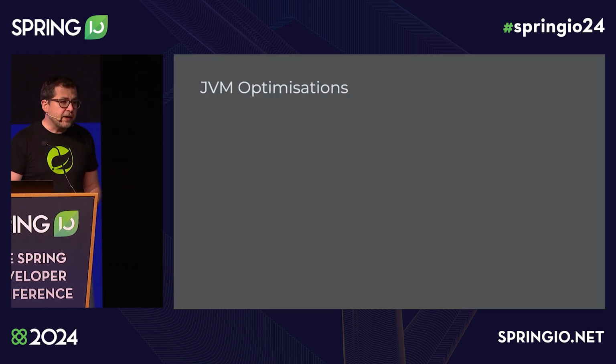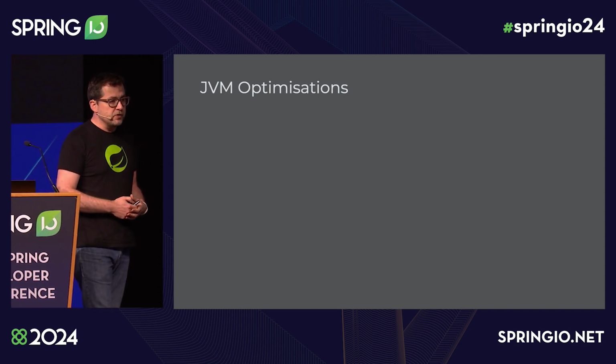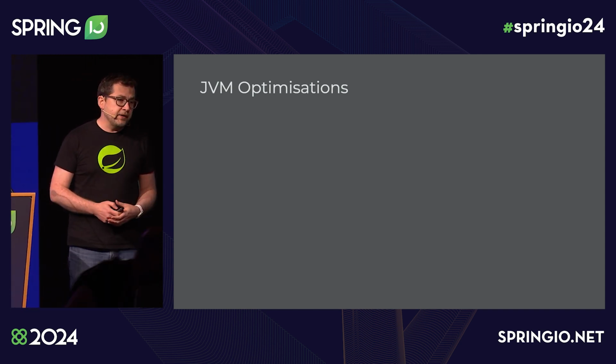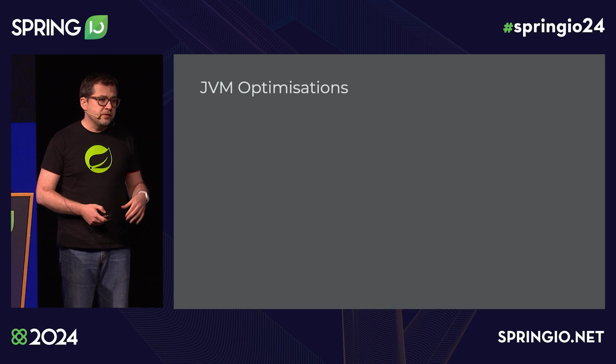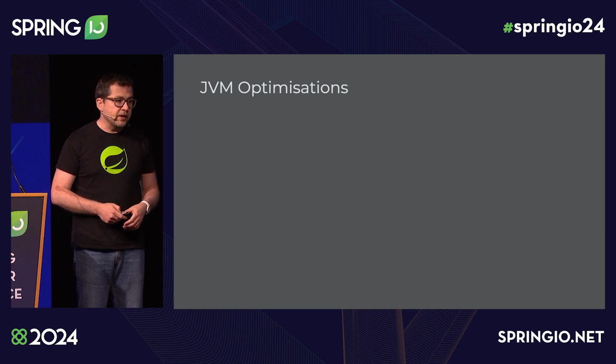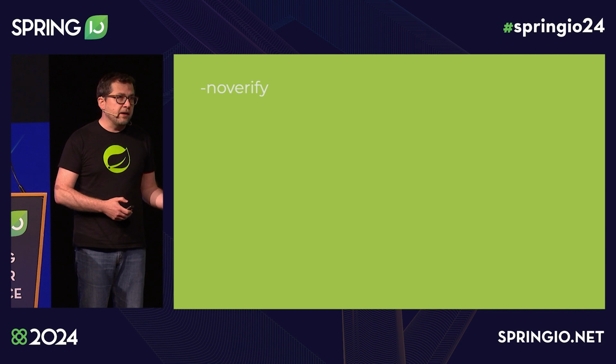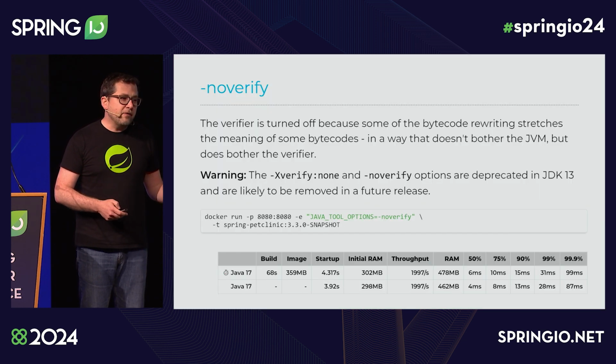Okay, so let's talk about some Java optimizations you could do. I'm not going to dive deep into parameters you can set on the JVM, but you can do something like no verify, because there are sometimes tricks where you can really speed up the startup of your application. No verify is maybe not a thing I would do in production, but as you can see, it really matters for the startup time.